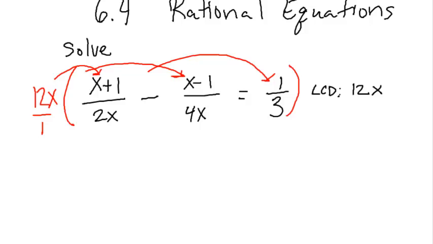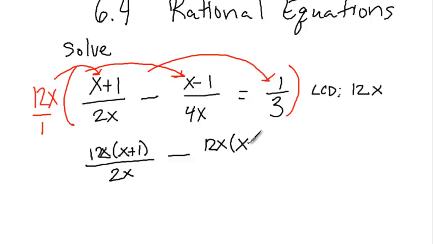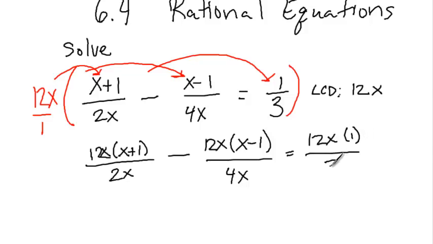So when you're multiplying by this 12x, it becomes 12x times (x plus 1) over 2x, minus 12x times (x minus 1) over 4x, equals 12x times 1 over 3.